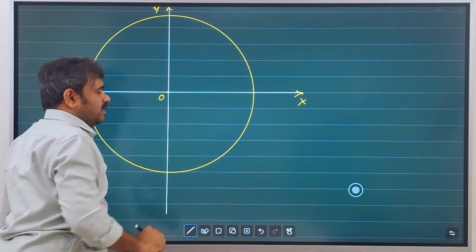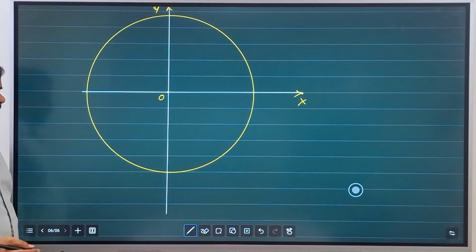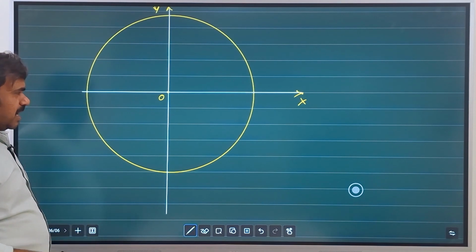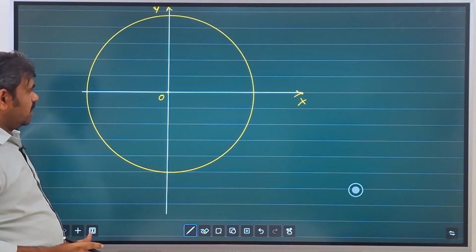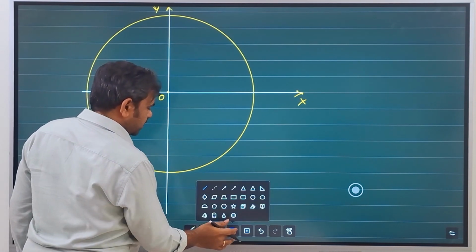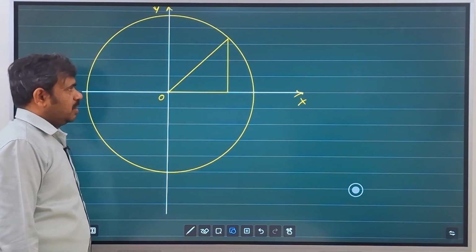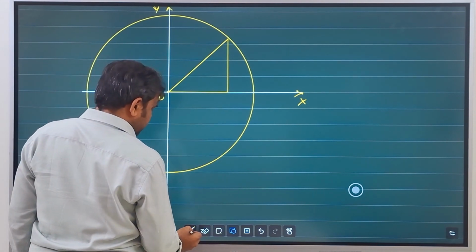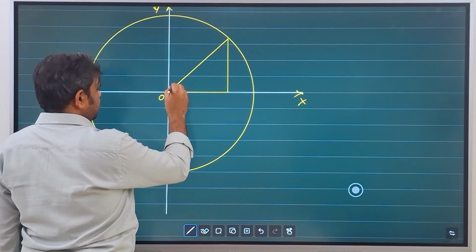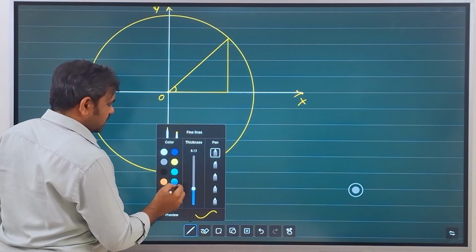With this circle, it is easy for us to understand how the ratio changes when the angle inside the right angled triangle changes. Let's also draw a right angled triangle here. Look at this right angled triangle. Let's say this angle is theta.